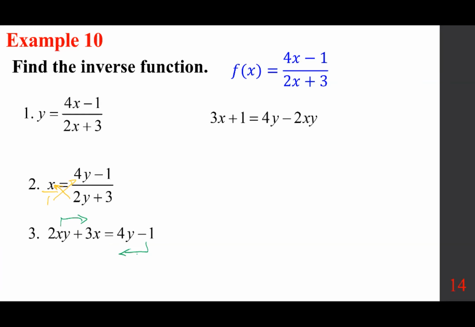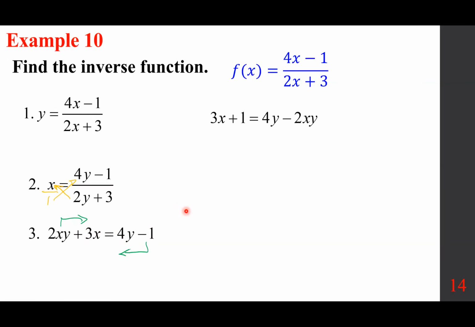Could I have done it the other way around? Yeah. The only reason I didn't, class, is because if I did it the other way around, in other words, if I pick the 4y and bring it to the left, it becomes minus 4y and it's fine. Then 3x to the right. So we have minus 1, we also have minus 3x. We have too many negative signs. It doesn't matter, either way is fine.